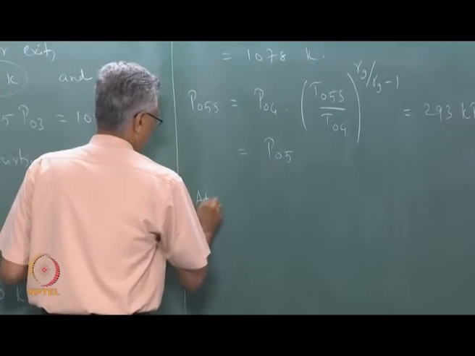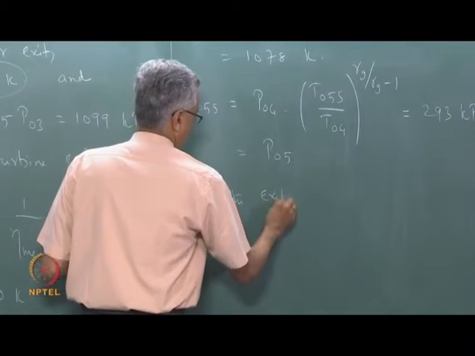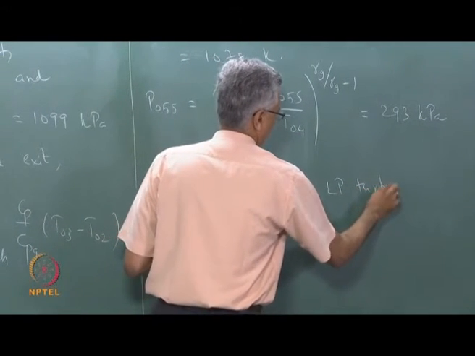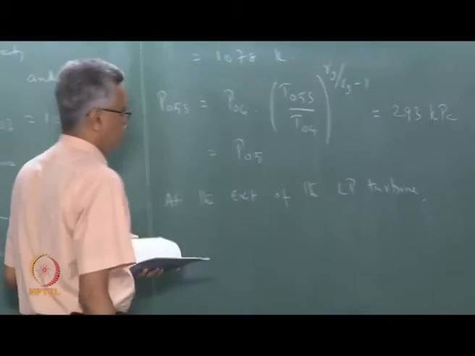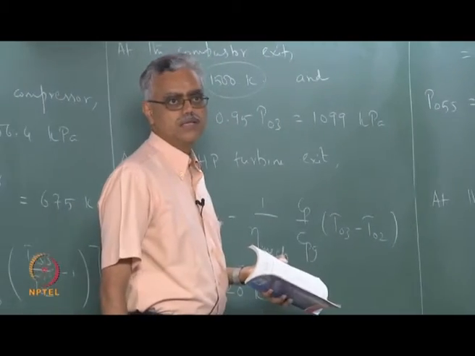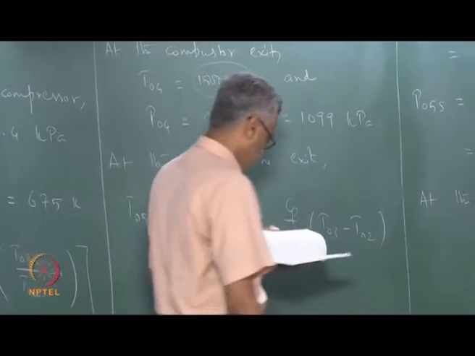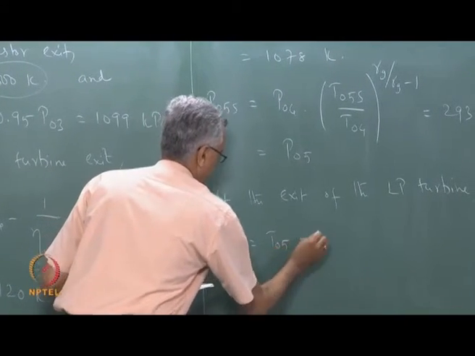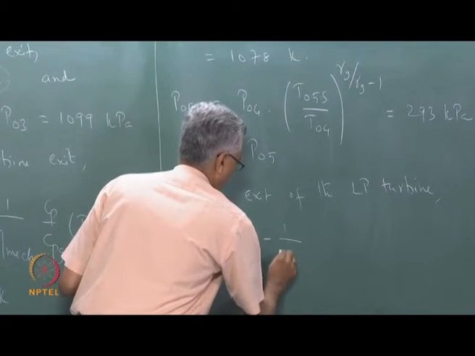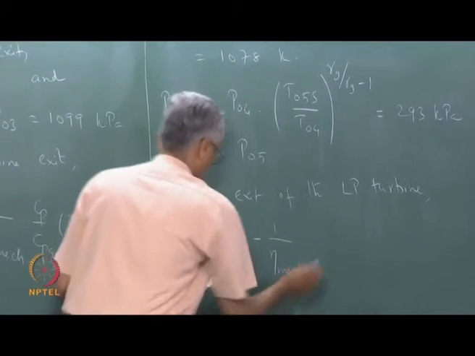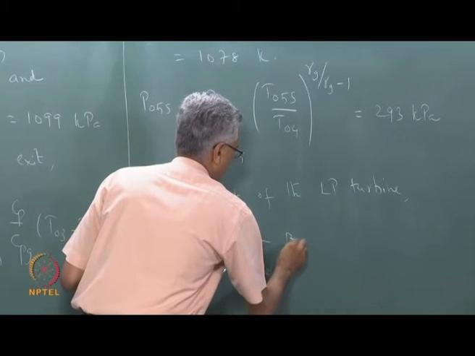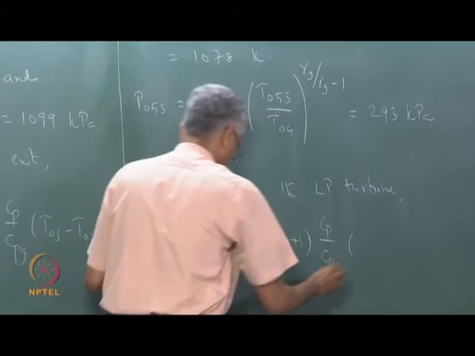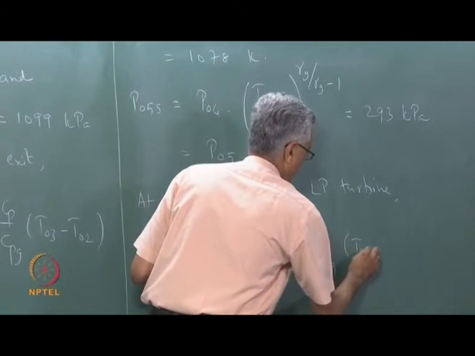So at the exit of the LP turbine, the LP turbine produces enough power to run the fan. So energy balance for this gives me T06 is equal to T05 minus 1 over eta mechanical times B plus 1 times Cp over Cpg times T02 minus T01.